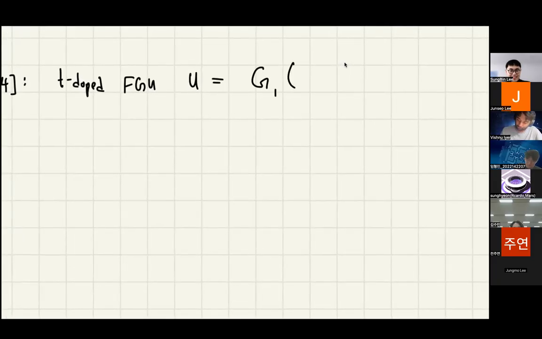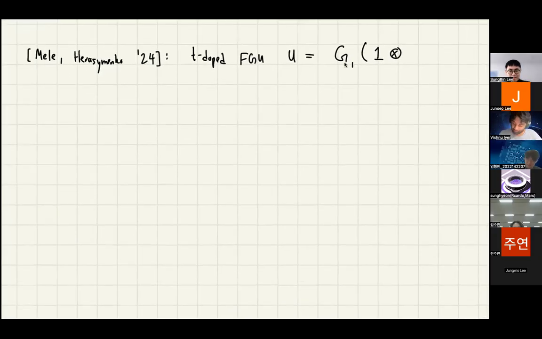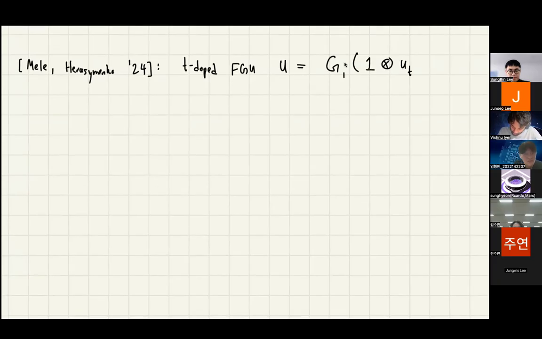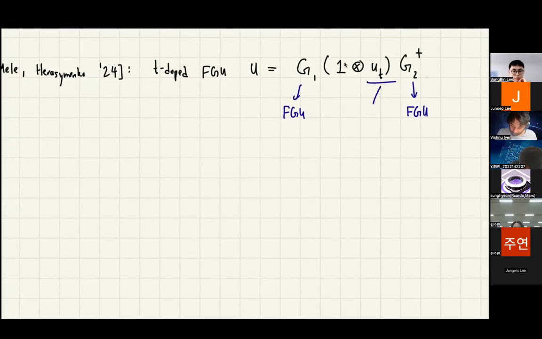Gaussian. You can write it as the identity. So this is Gaussian. This is Gaussian. And this only acts on T modes, okay?